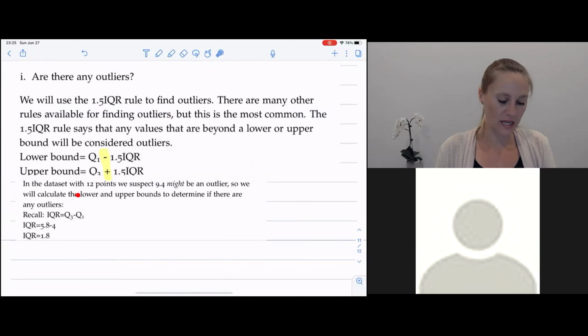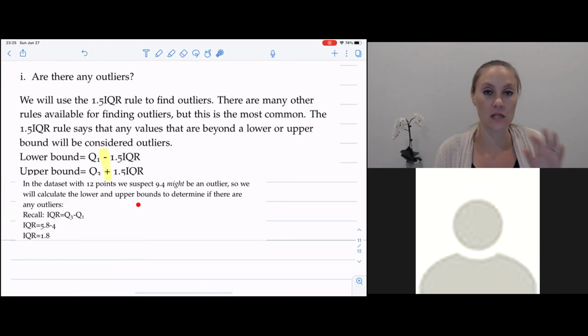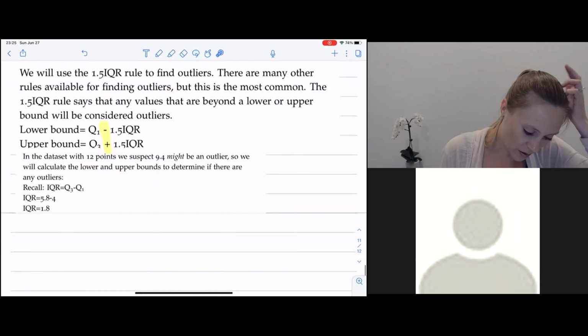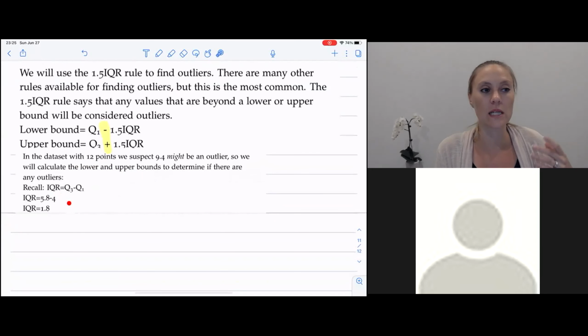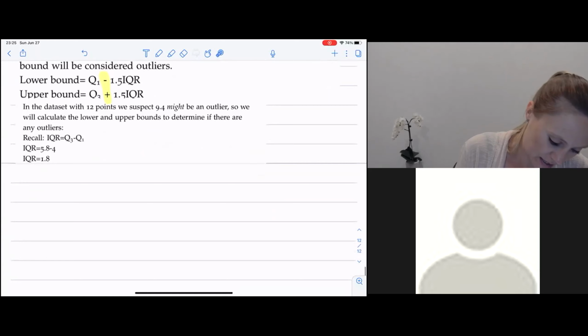Okay, so in the data set with 12 points, we suspect 9.4 might be an outlier. So we're going to calculate the upper and the lower bounds to determine if there are any outliers. We find the interquartile range is Q3 minus Q1. In this case, it's 5.8 minus 4, which gives us an interquartile range of 1.8.